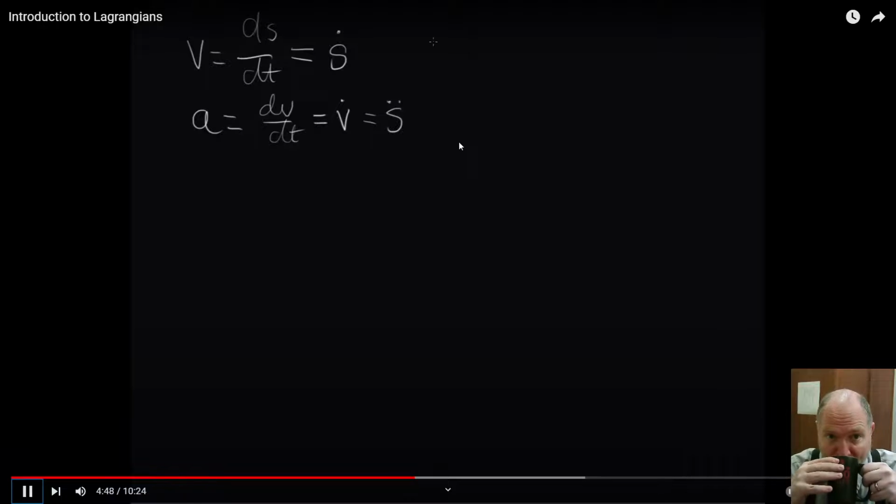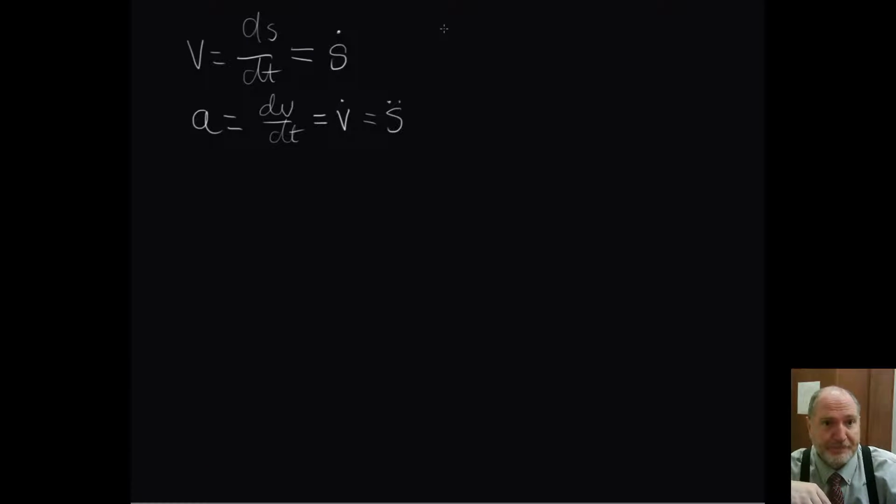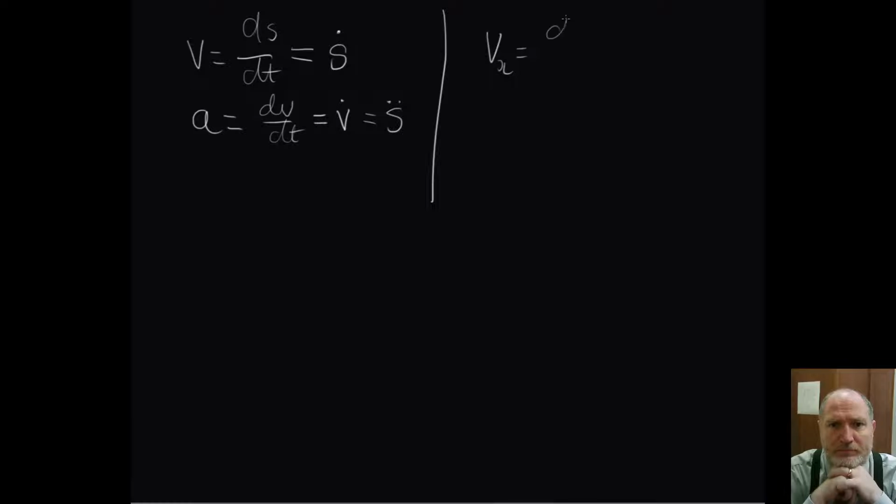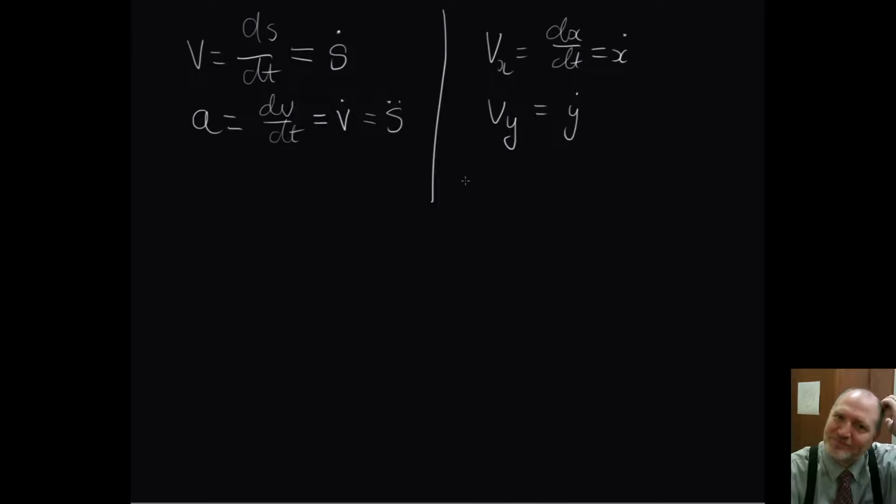Especially when you're involving this in a more complicated equation, I think the dot notation works really well. But we really want to think about it in terms of our x and y components. We know that Vx is dx/dt, x dot, and Vy is y dot. If I have a velocity here with our Vx and Vy, please pretend that these are straight, I'm not very good at drawing.